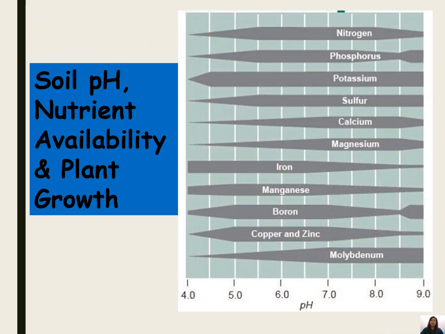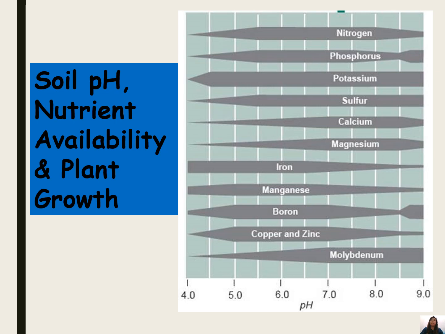This is the soil pH scale, including the availability of those essential elements for plant growth. The shaded area with color gray indicates the availability of those nutrients to the plants at different pH levels.